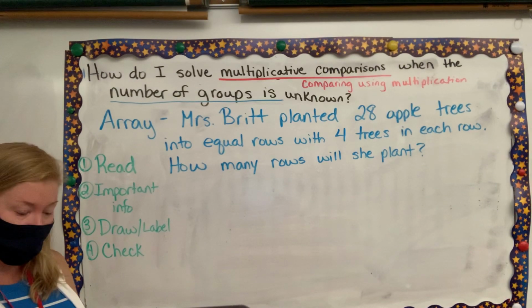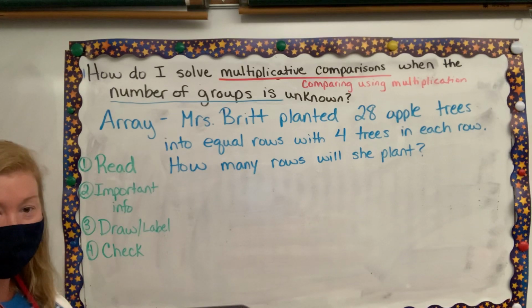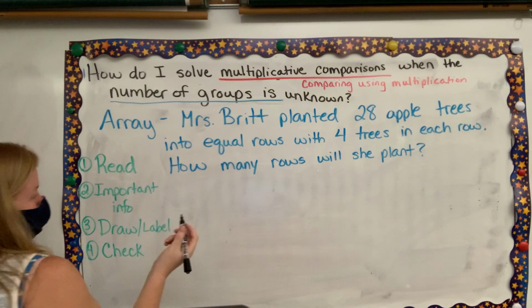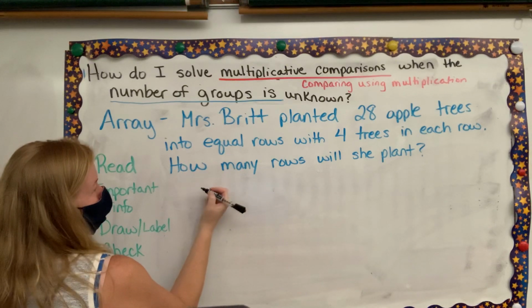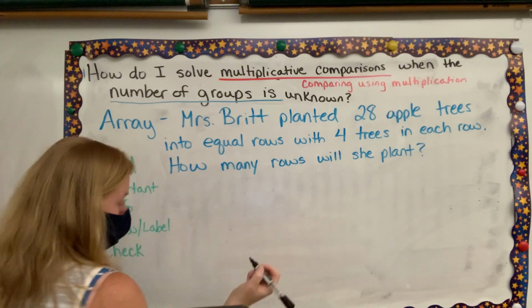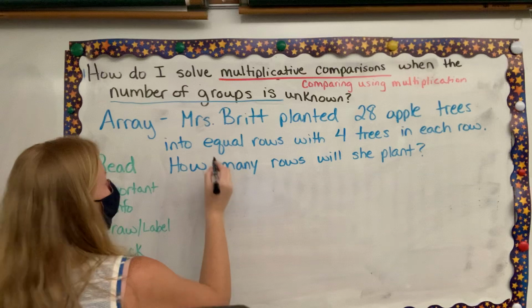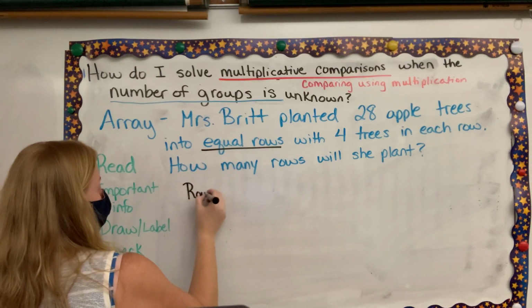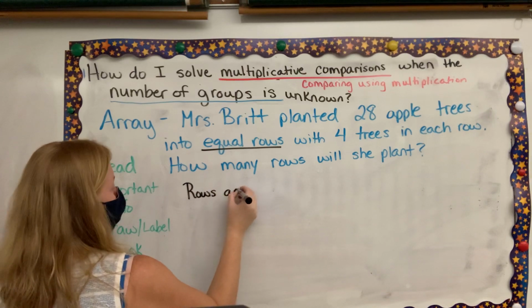Come on, put your hands up. Let me know. What do I pull out? Tia. You can underline equal rows. Oh, I know that my rows are going to be equal. Something else.